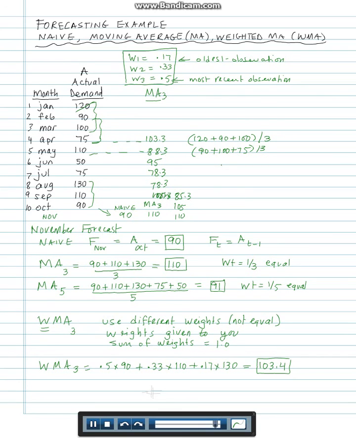For the 3-period weighted moving average, you can start in April. Weighted or not weighted, you can still start in April. So that's how we calculate the naive moving average and weighted moving average examples.